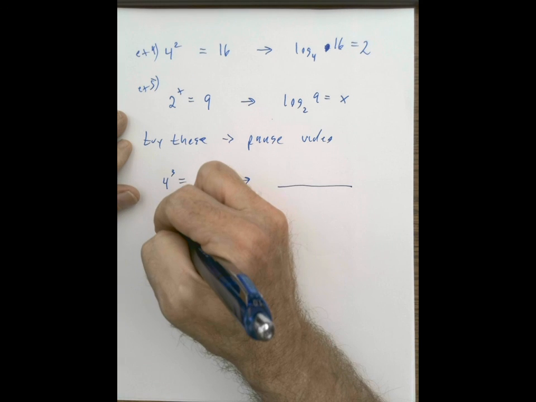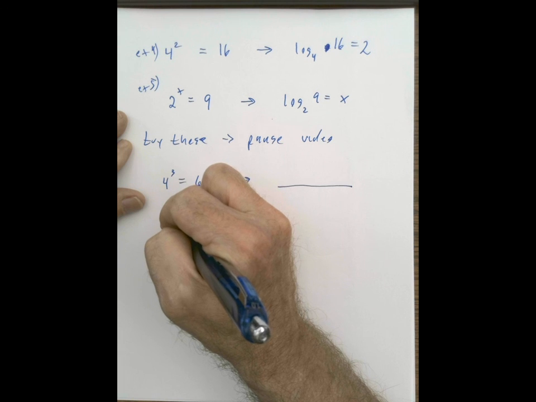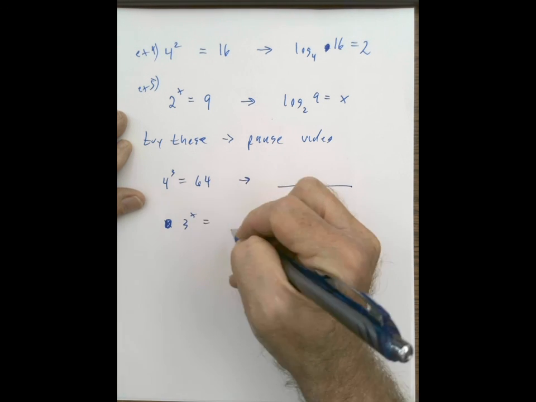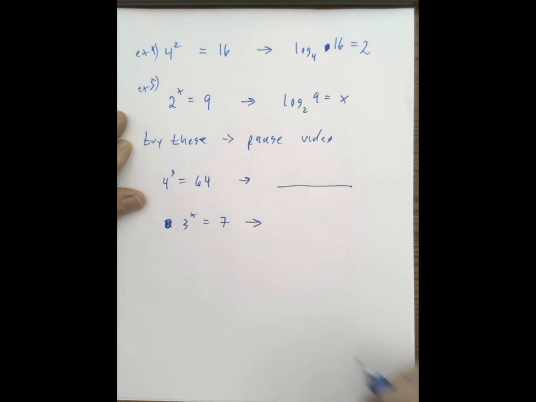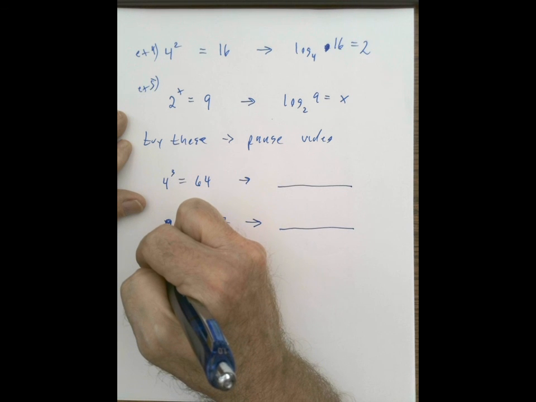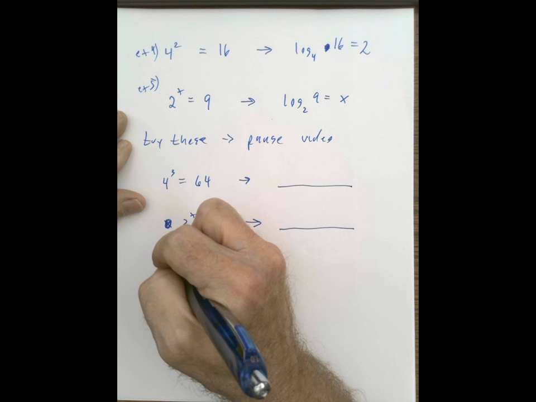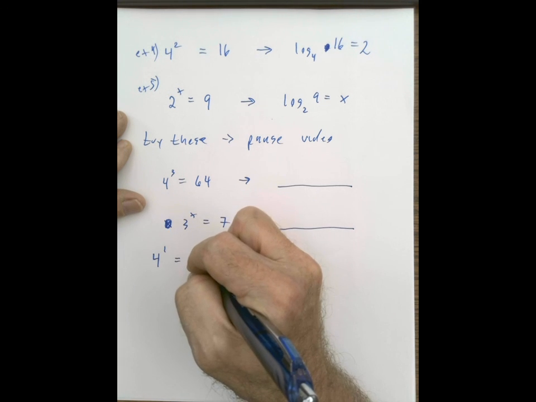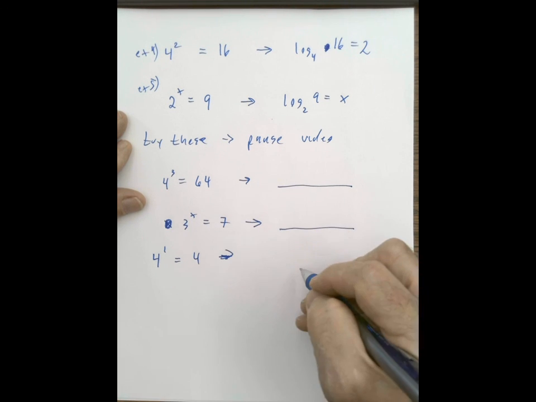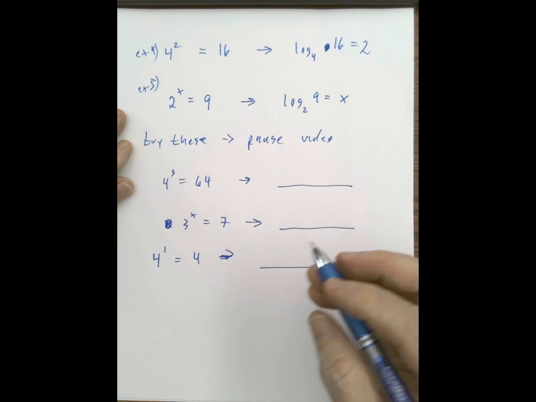How about 3 to the x is equal to 7? Write that as a logarithm. How about 4 to the 1st power is equal to 4? Write that as a logarithm. Ooh, and now how about this one?